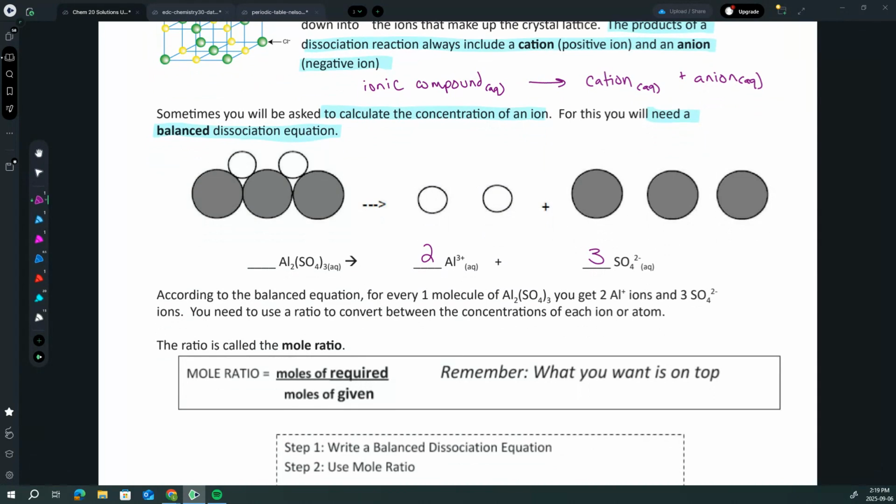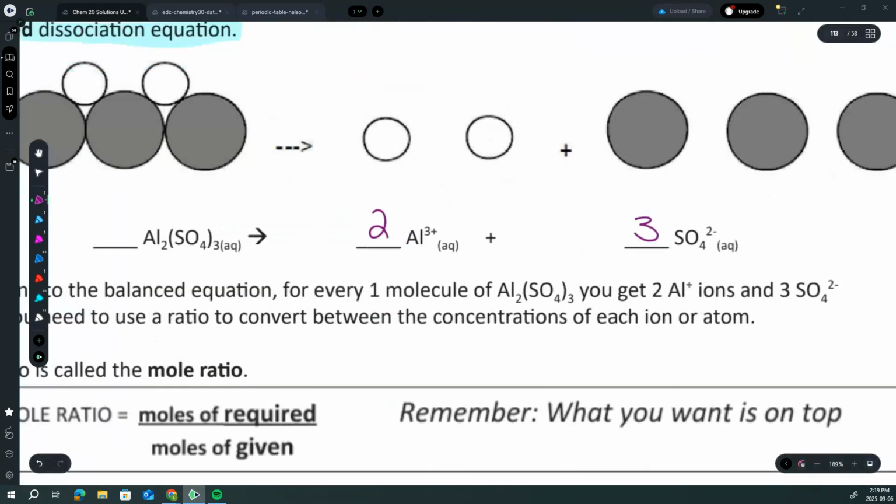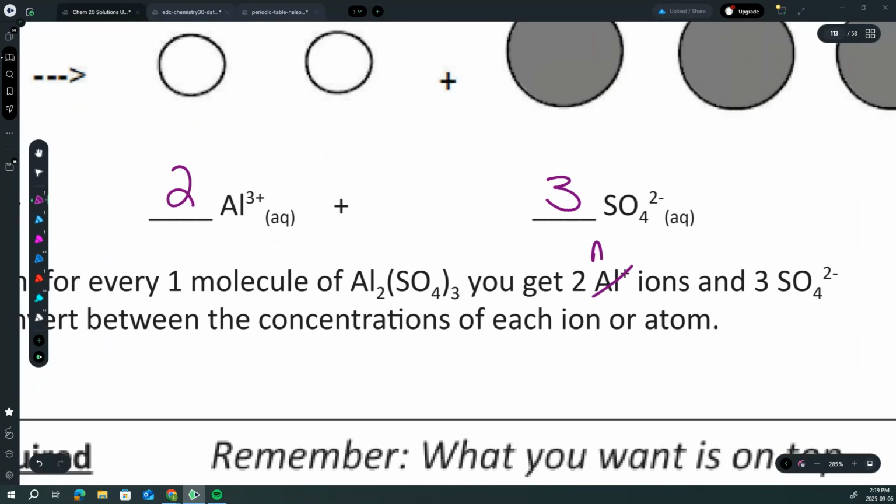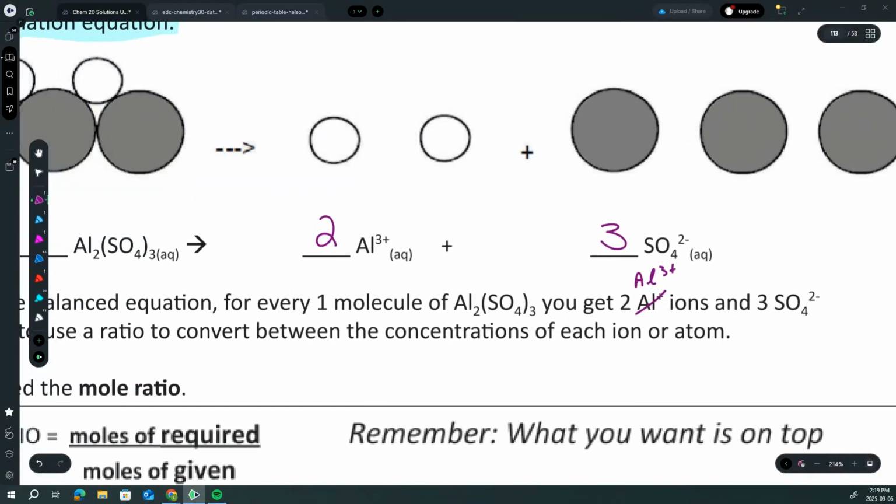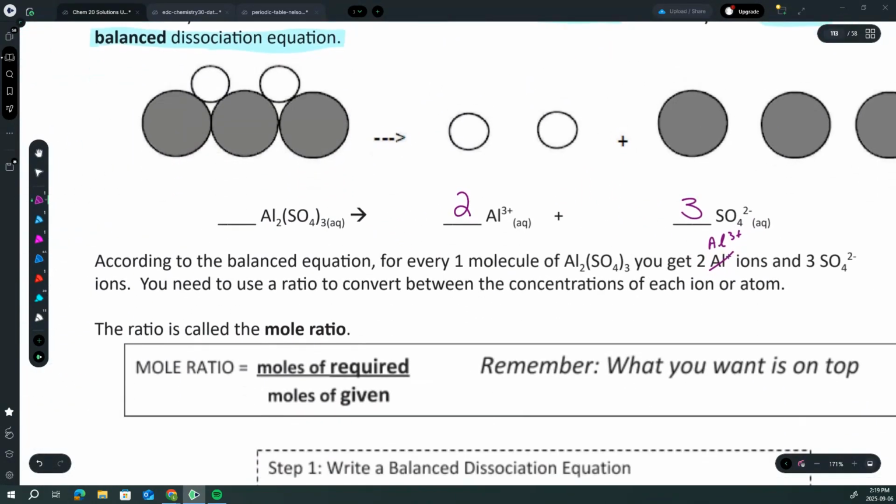Just below it here it's saying, according to our balanced equation, for every 1 molecule of aluminum sulfate, you're going to get 2 aluminum 3+ ions and 3 sulfate ions.